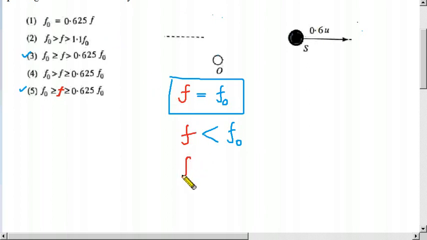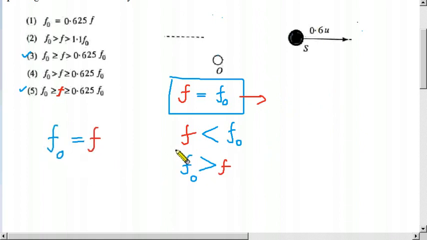That means I have to write f0 first, then it is larger than f. So here also I have to write f0 first. f0 is equal to the frequency heard. The frequency heard is written in red color. So here you have to compare, otherwise it is difficult. You can compare, but it is difficult.